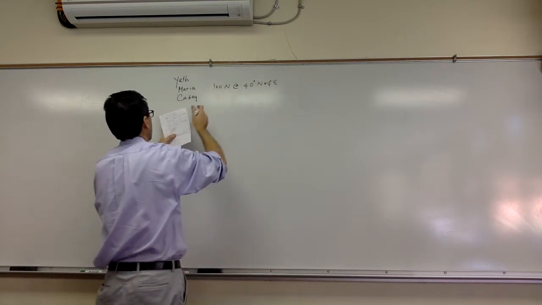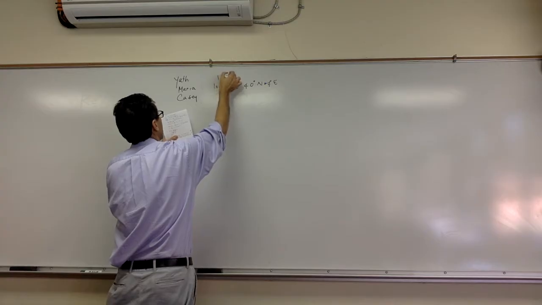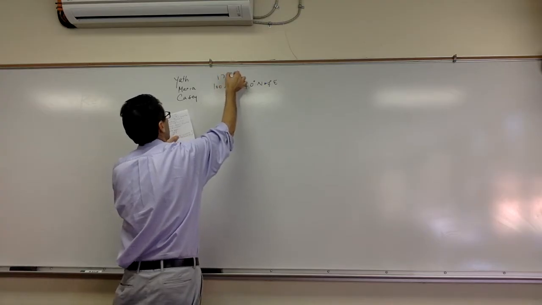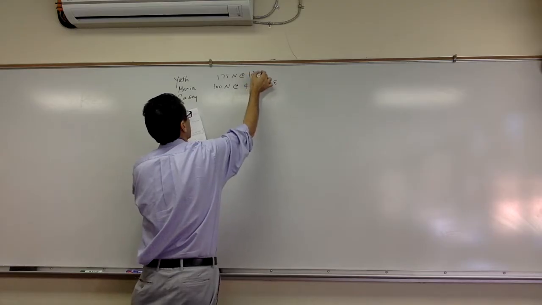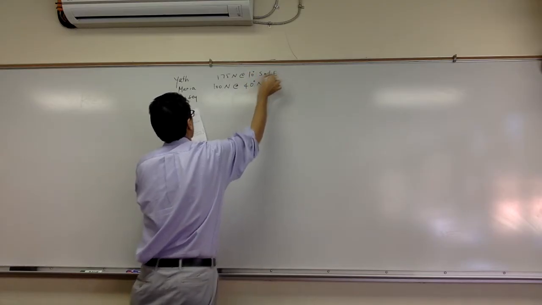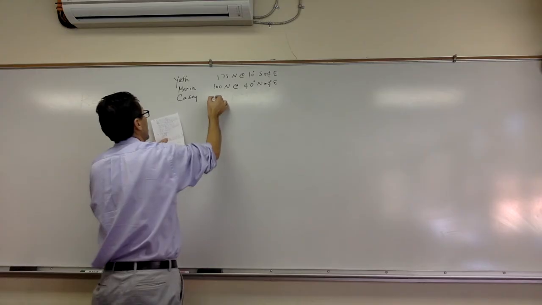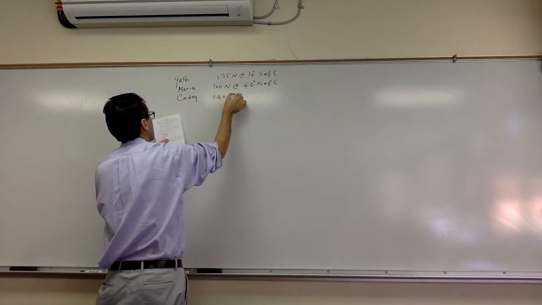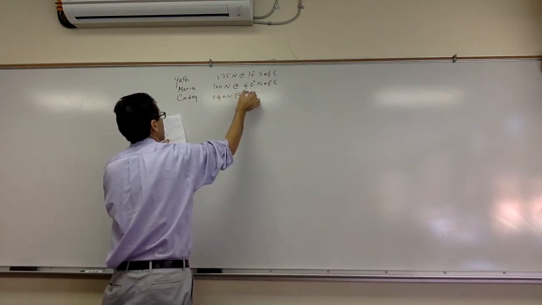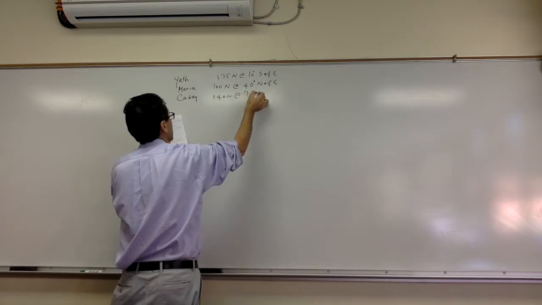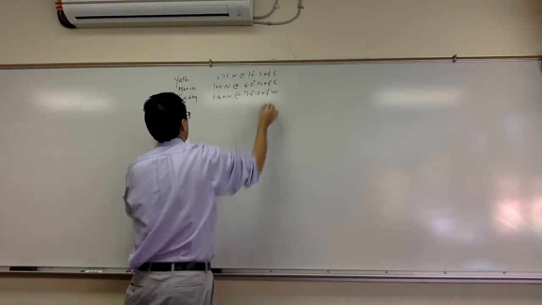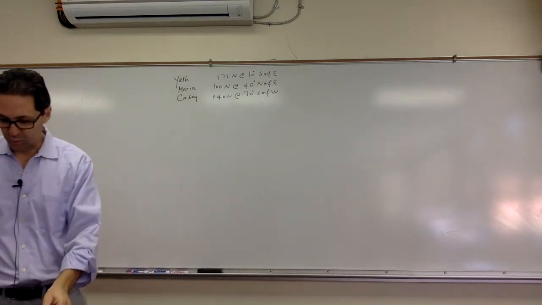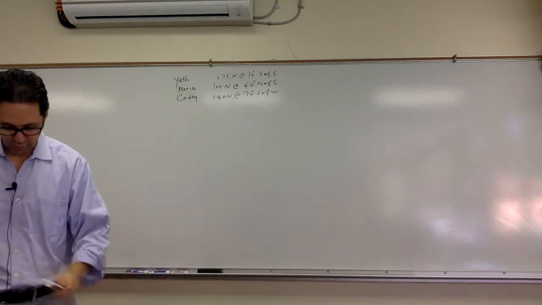Yad is pulling with 175 newtons, and we'll talk about the newtons later, at south of east. And Casey is pulling with 140 newtons at an angle of 70 degrees south of west. We're going to try to figure out who's going to win this tug of war.